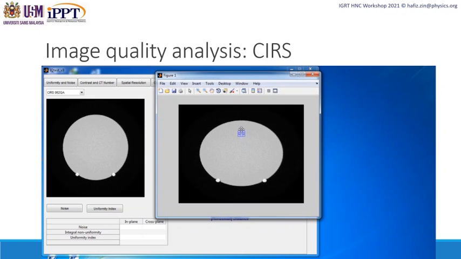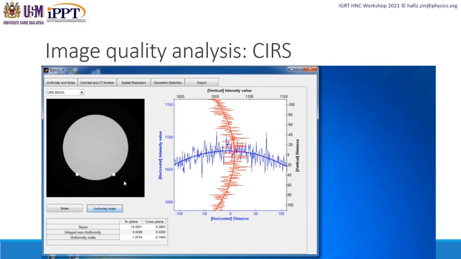Once we have selected all 5 points, we get the pixel value for each point, and we calculate the uniformity index, the noise from this vertical and horizontal plot, as well as the integral non-uniformity that we obtain from the vertical and horizontal plot in the in-plane and cross-plane direction. So these are the values that we monitor monthly, and we compare that against the acceptance test value that we obtained.